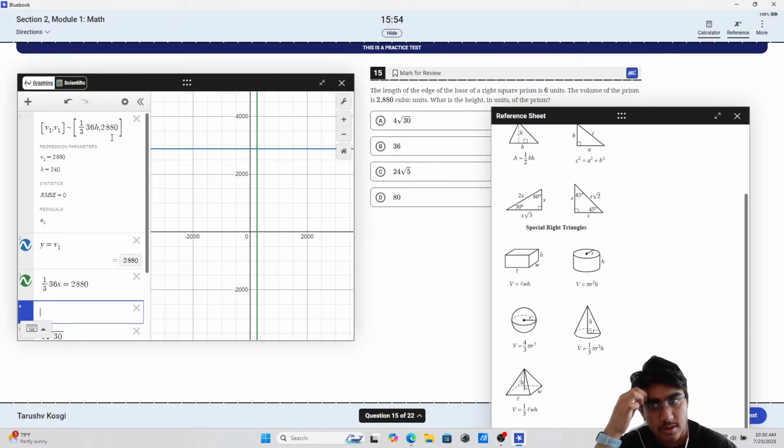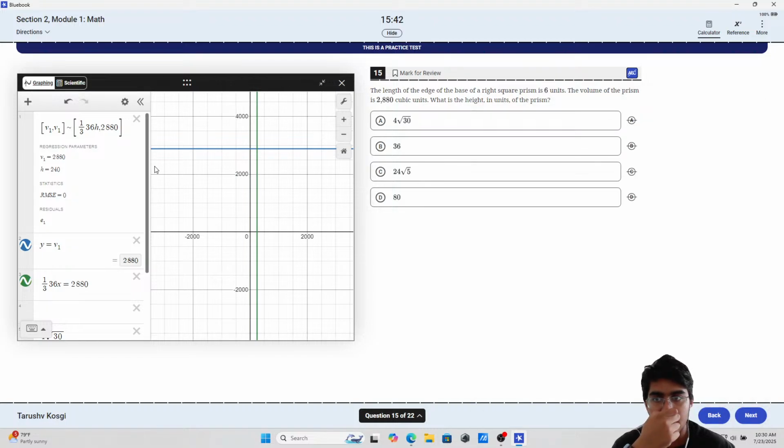What could I be doing wrong here? Yeah, this is the right square prism here. Length times width times height. So we have the length and the width as 6. 6 times 6 is 36.